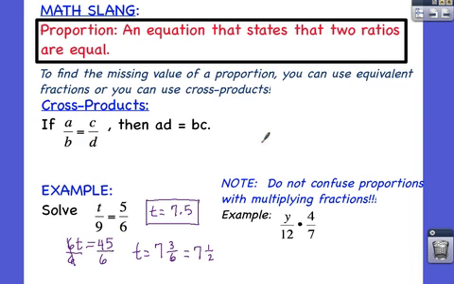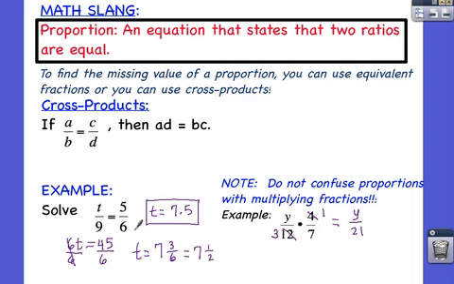So for example, if we had y over 12 times 4 over 7, you're used to reducing diagonally. So 4 divided by 4 is 1, 12 divided by 4 is 3, and then you can multiply straight across to get y over 21.